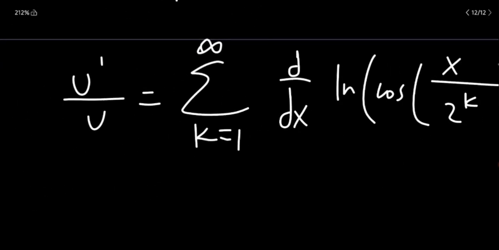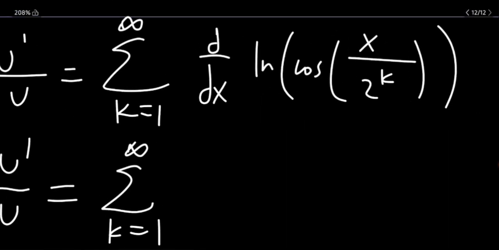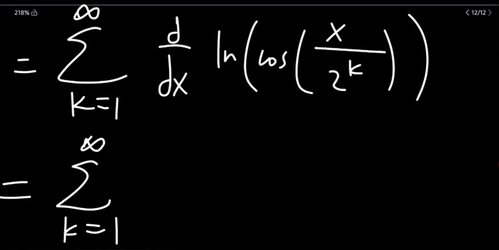Alright, so we have u prime over u, and since k is a constant, we will be using the chain rule here.